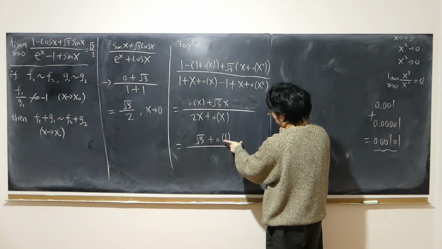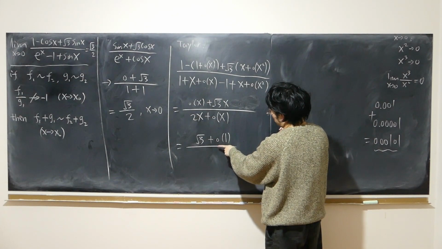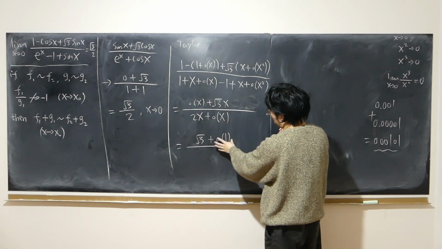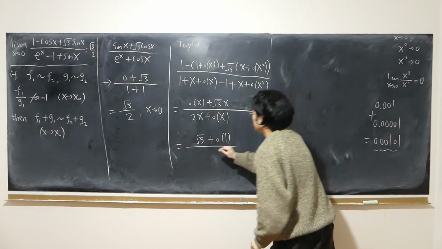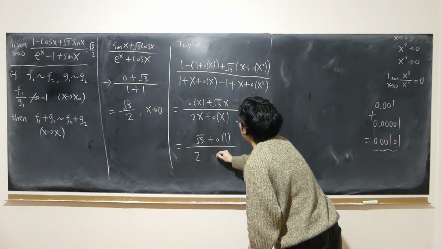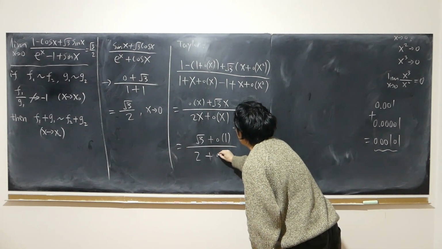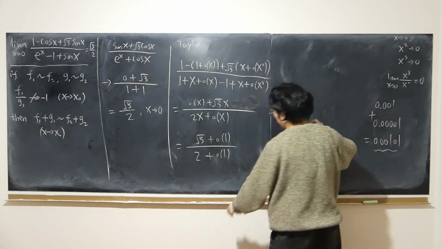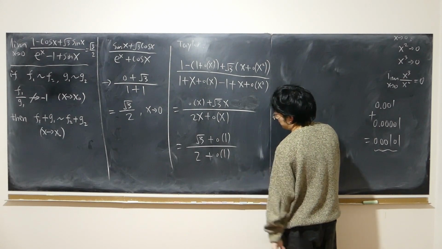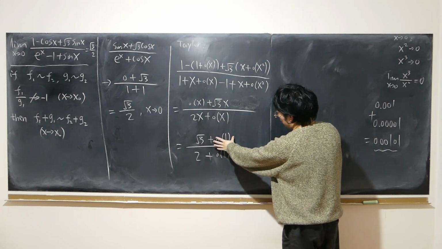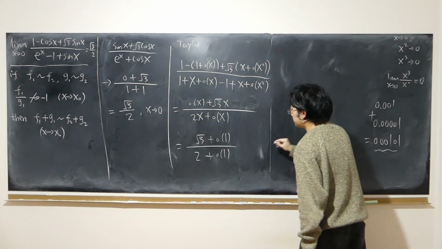So what this means is that we have some function approaching 0 times 1. The whole thing is still approaching 0. So 2, x is gone, plus little o of 1, so this guy is also approaching 0. So 0, 0, we have this over there.